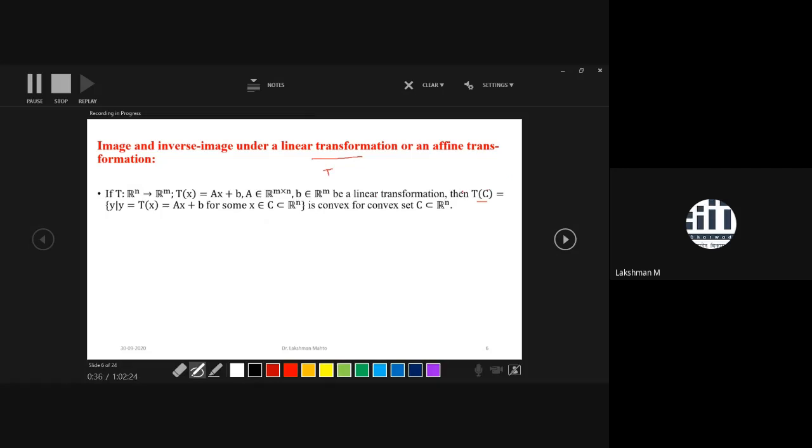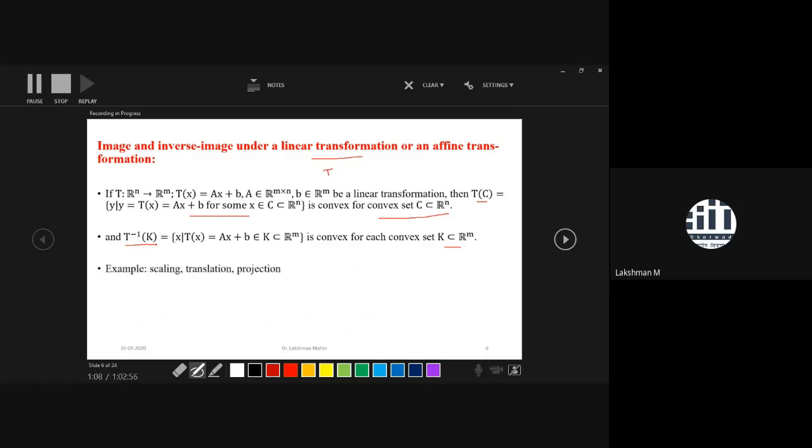If C is convex, then its image T of C is also convex. So T of C is convex for every convex set in the domain. Similarly, if you take any subset A from the codomain or target space, then the inverse image, the collection of domain elements which are mapped to A, would again be convex. So an affine transformation always preserves convexity.